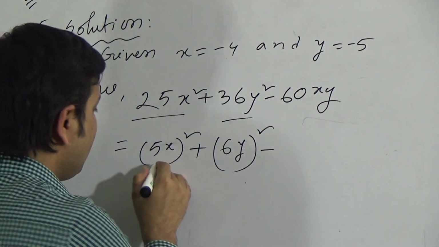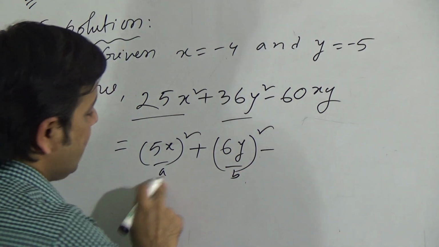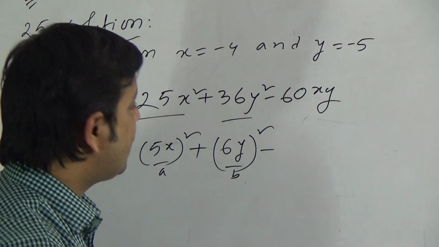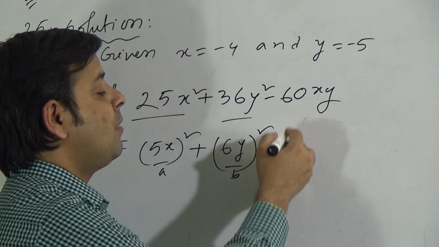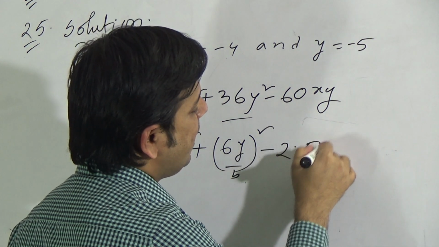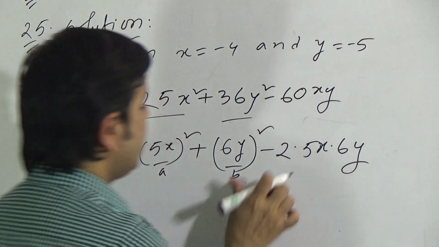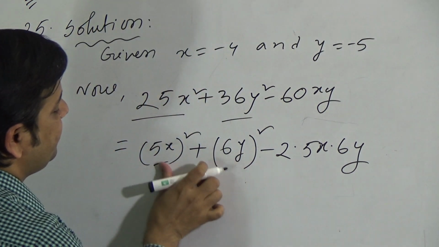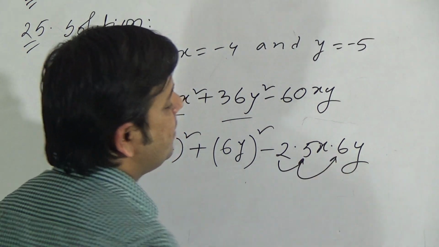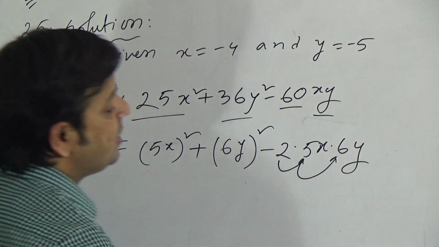Dear students, if you consider 5x as a and 6y as b, now this is a square plus b square. To apply the formula, we can write here 2ab, where a means 5x and b means 6y. Now you can check whether this matches or not. 2 fives are 10 and 6 tens are 60. So 60 matches here, and the product of x and y is xy.